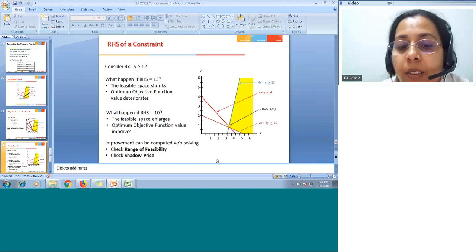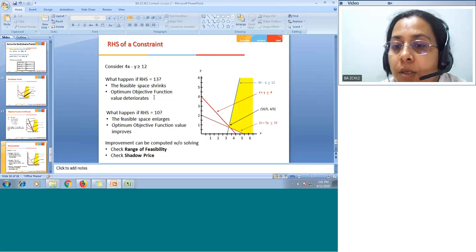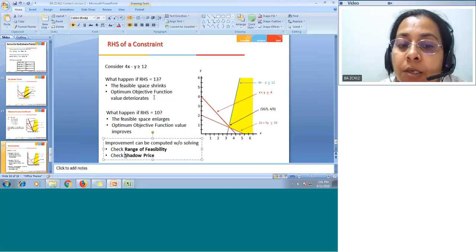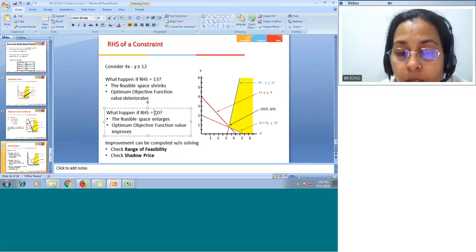Shadow price is nothing but the rate of change of the objective function by changing the right hand side values. How much change we are going to get in our objective function with respect to the change in the constraint RHS. That is shadow price.